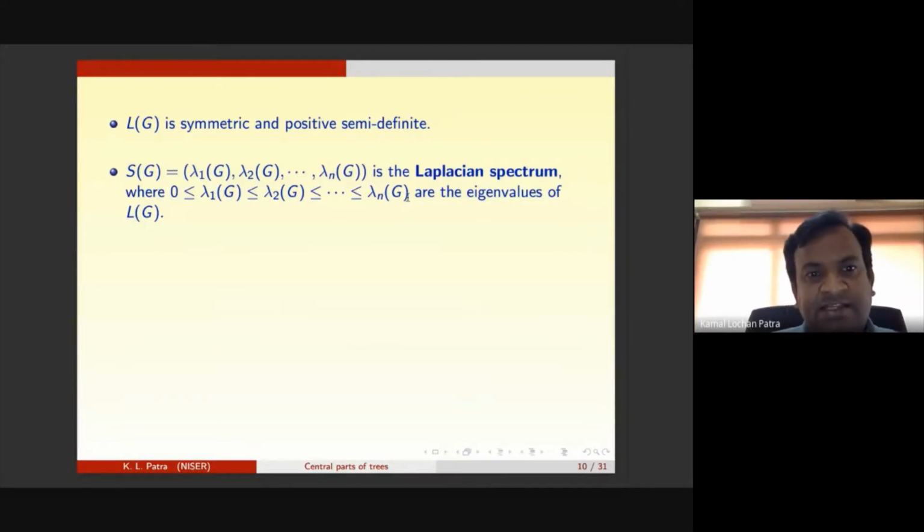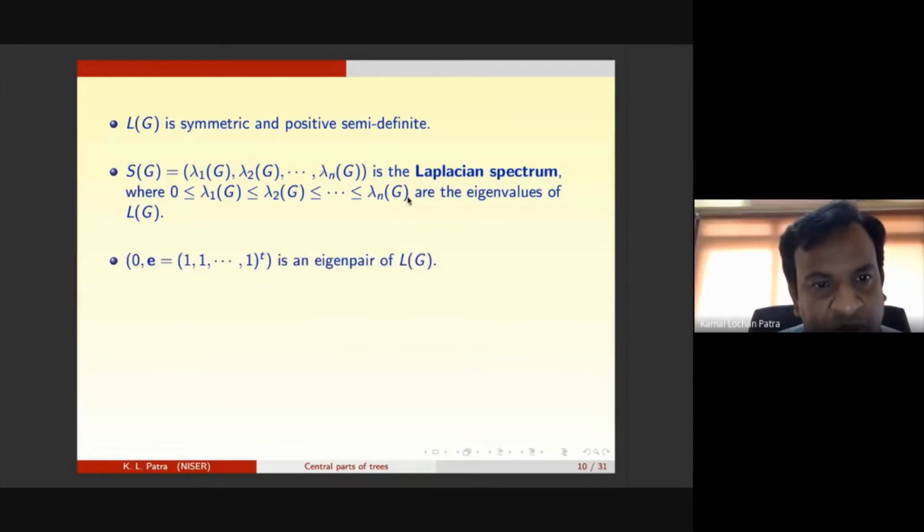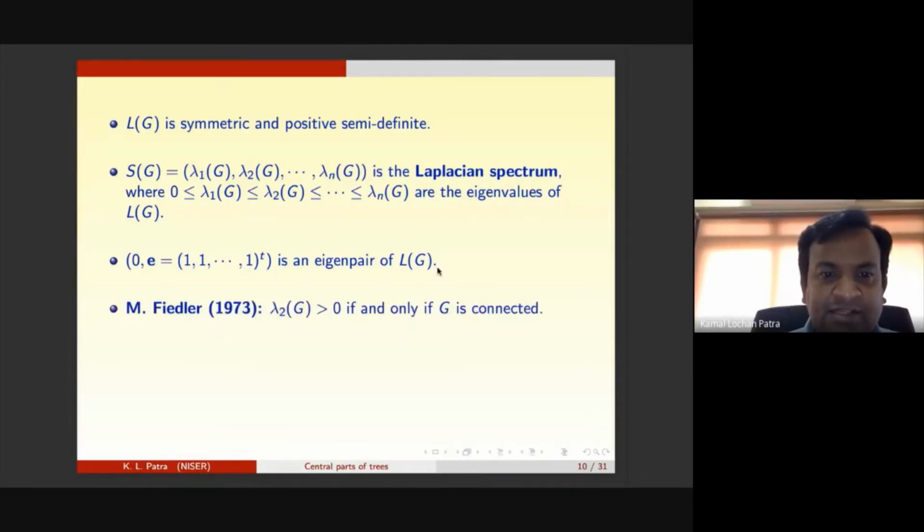It can be easily checked that for the Laplacian matrix of a graph, every row sum is equal to 0, so 0 with the all-ones vector is an eigenpair of L(G). Fiedler in 1973 first proved that the second smallest eigenvalue is greater than 0 if and only if G is connected.